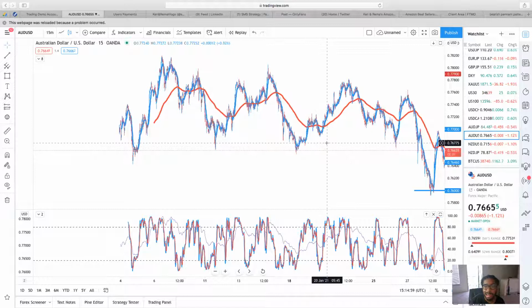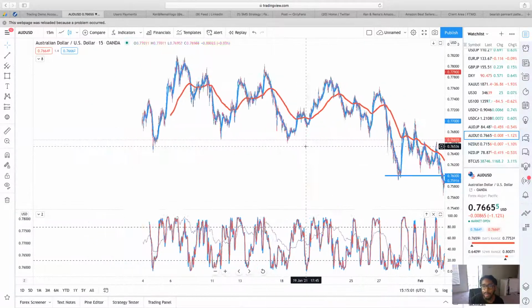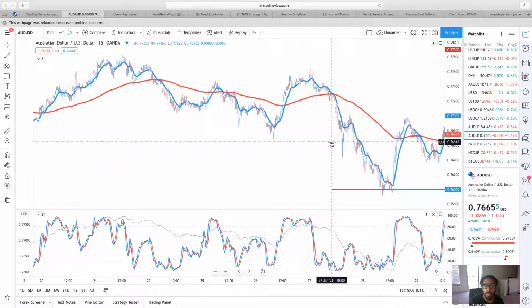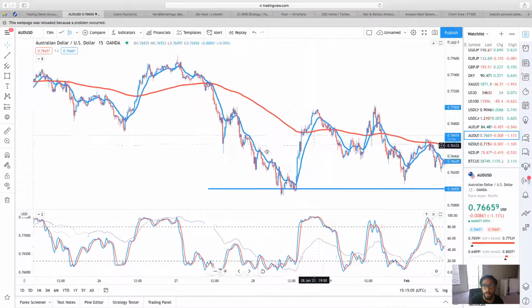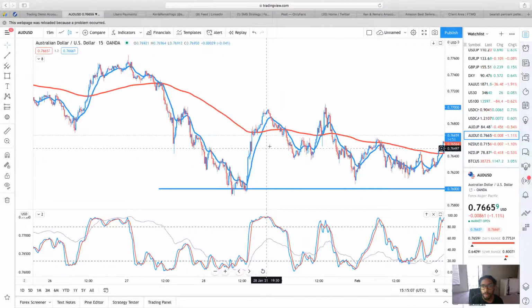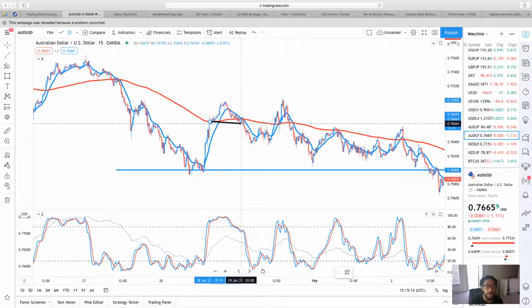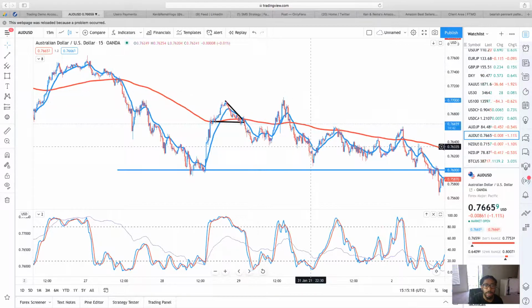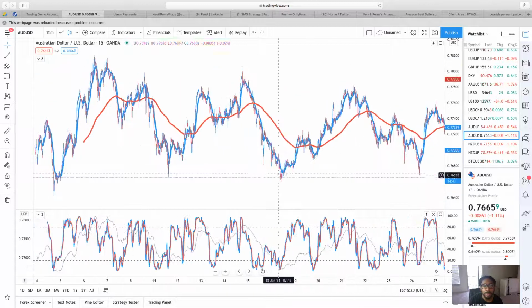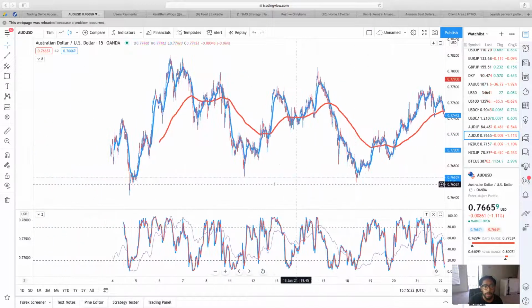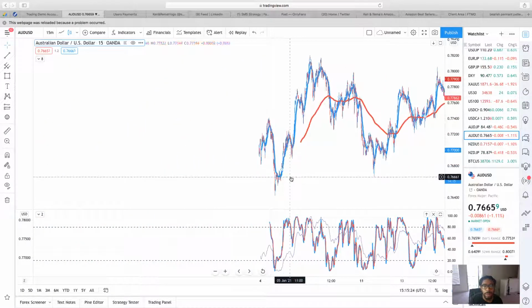Nah. I mean, there are so many descending ones or pennants for bearish, but it's probably more than likely because it's been a bearish market.